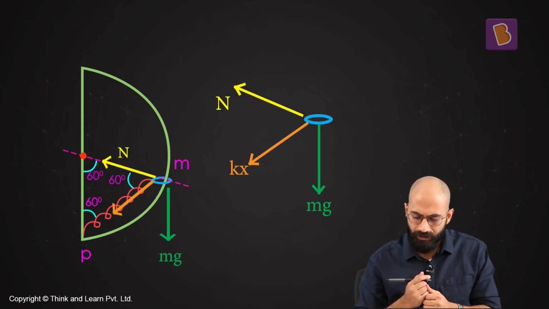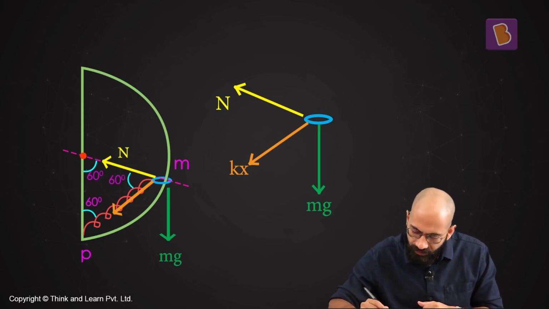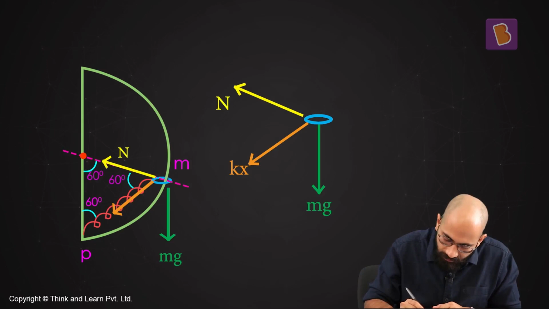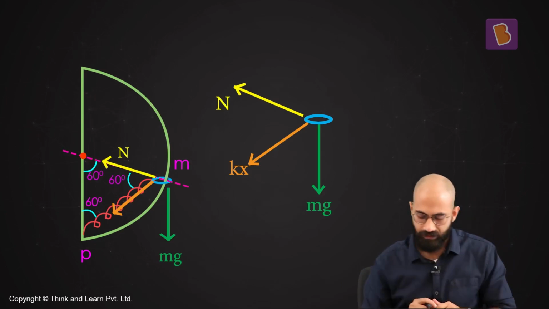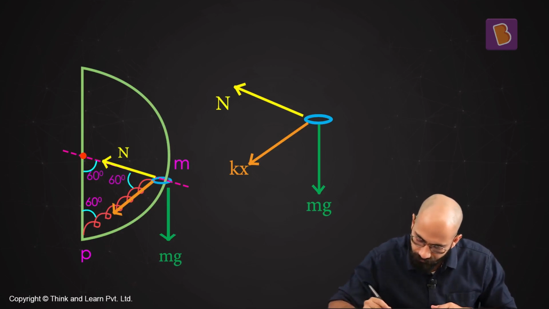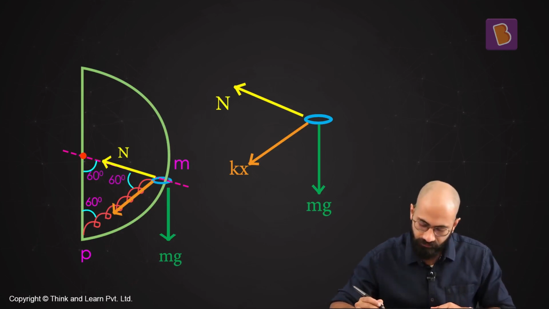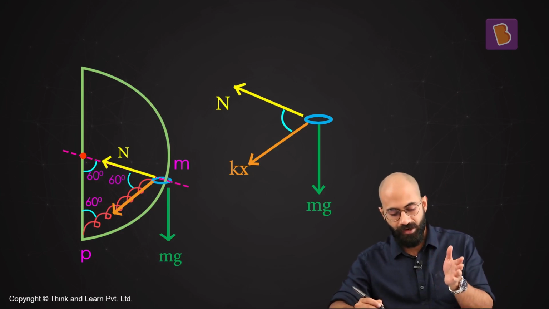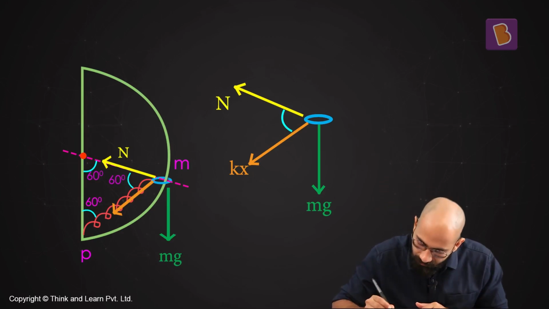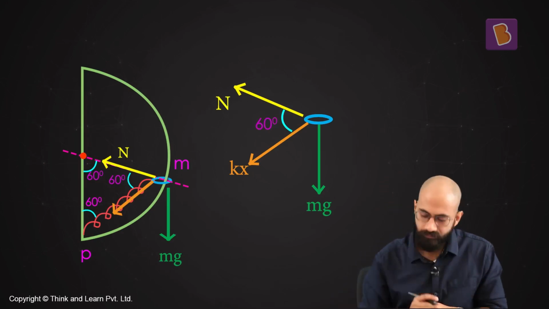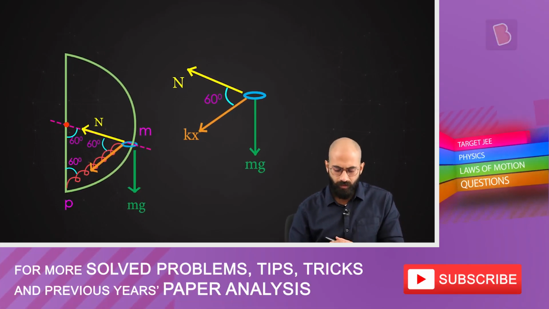Let's see. How do we do that? What will this angle be? This angle has to be 60 degrees. That's given to us. This angle is also 60 degrees, which means that this angle, which is the angle between the normal force and the spring force, has to be 60 degrees. Okay, all right. What else?